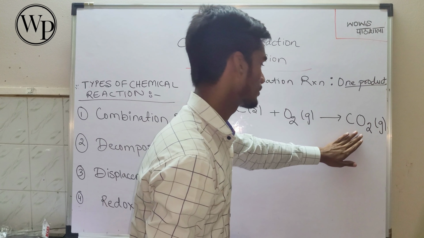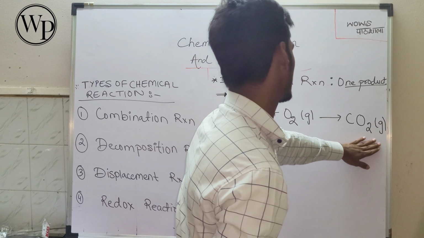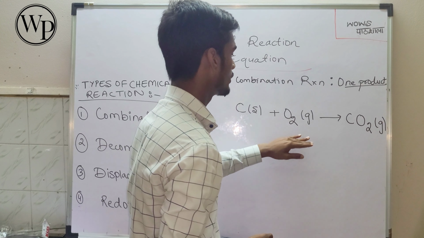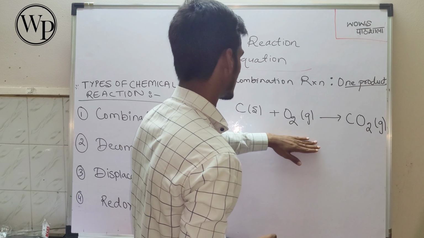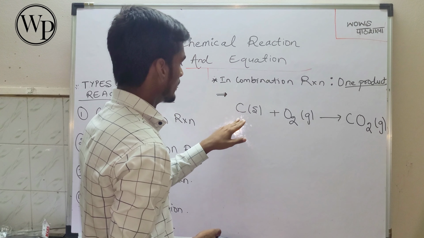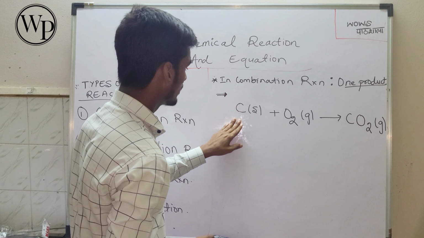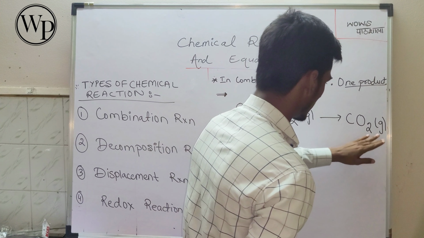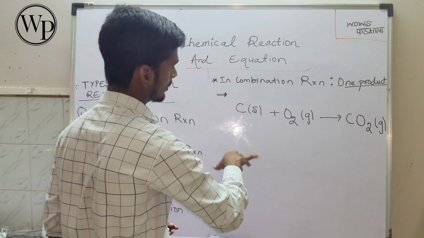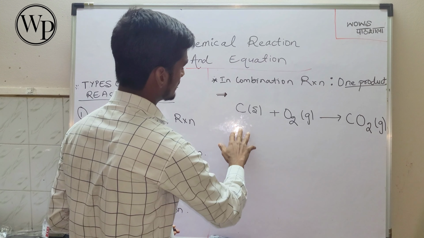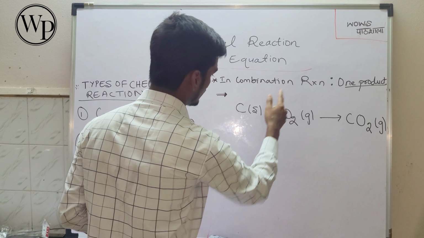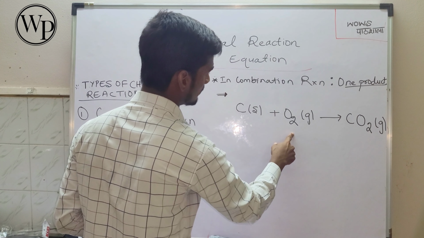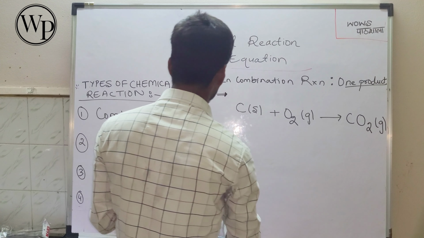So we have good knowledge about carbon dioxide and oxygen in gaseous form. When coal is burnt in the presence of oxygen, it is converted into carbon dioxide. Applying our previous knowledge of combination reactions, two reactants are there and one product is formed.